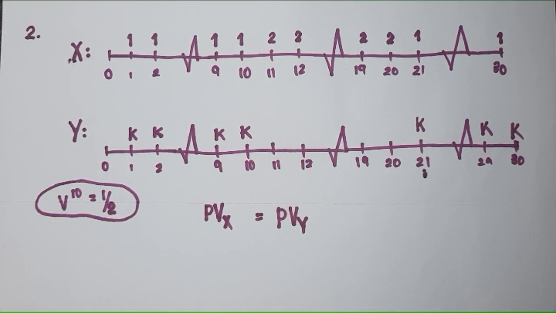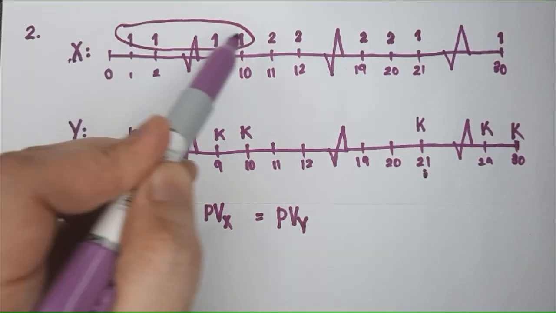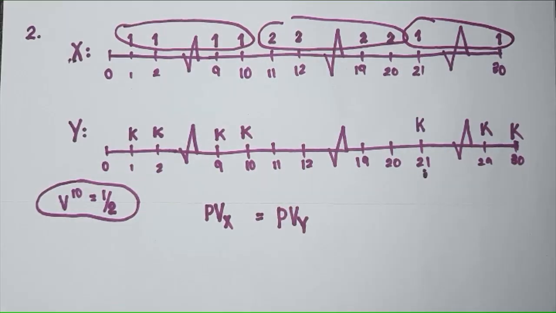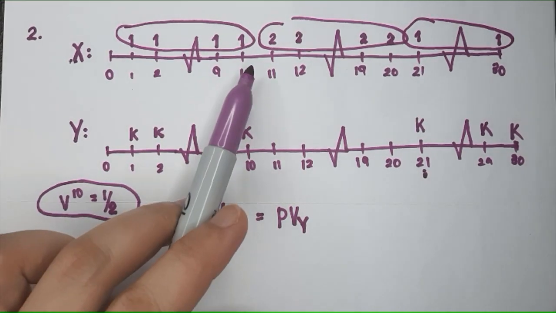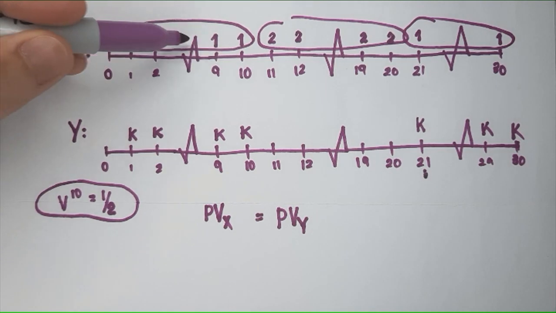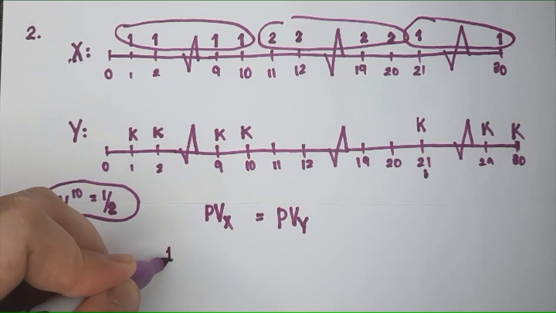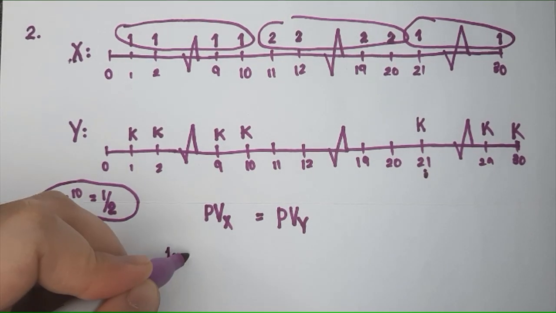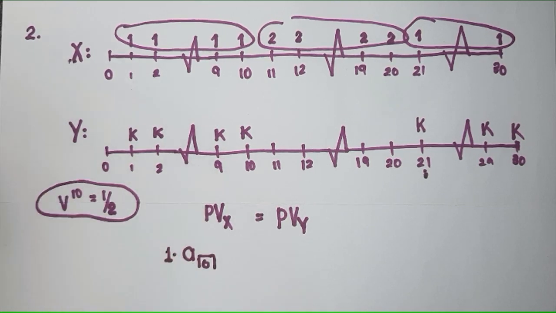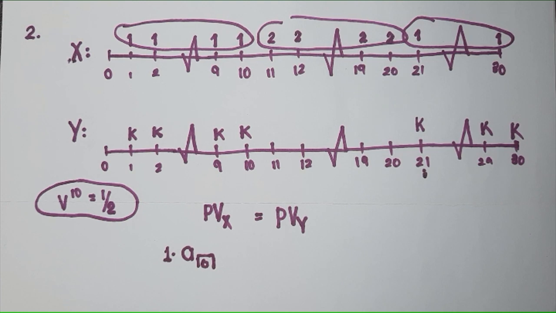The other annuity, annuity Y. So, what I did was I just grouped this. Like so. Suppose, this first 10 payments of 1 unit, when I take the present value of this first 10, it is equal to 1, this is the payment amount, times a angle 10, using i as the effective rate of interest.